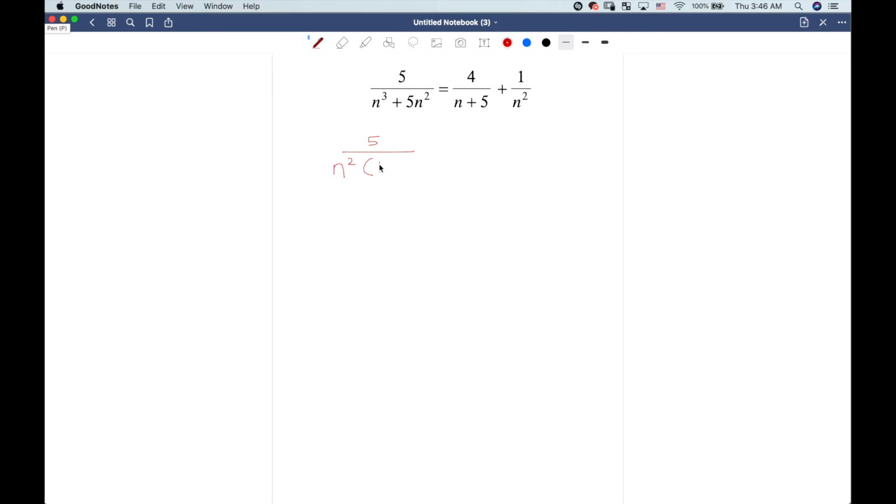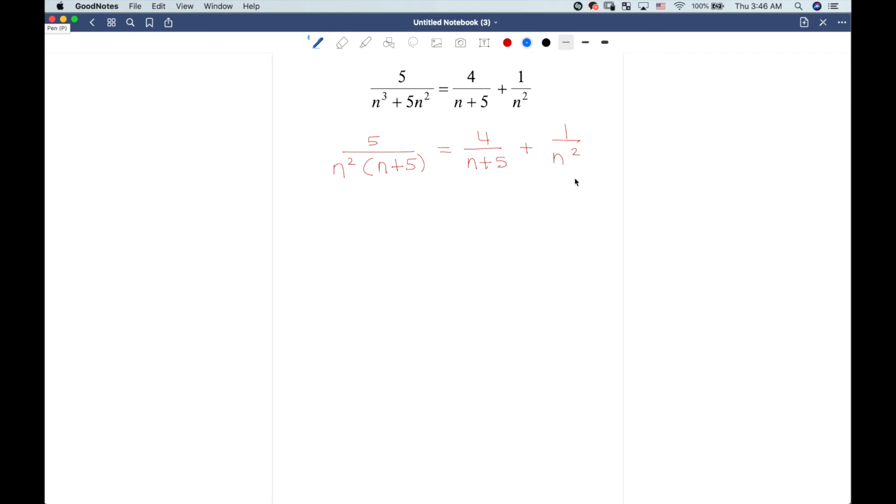And I'm left with n plus 5. Right? So what that does, it shows me that the n plus 5 was shared between these two fractions, and n squared was common between the first one and the third fraction.